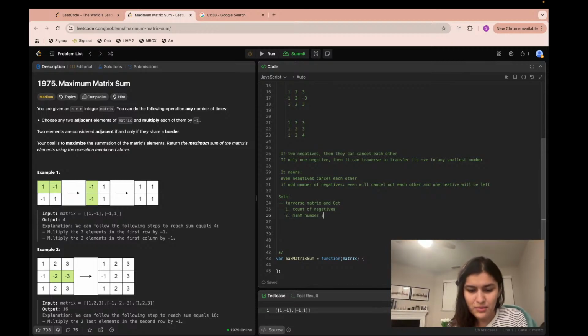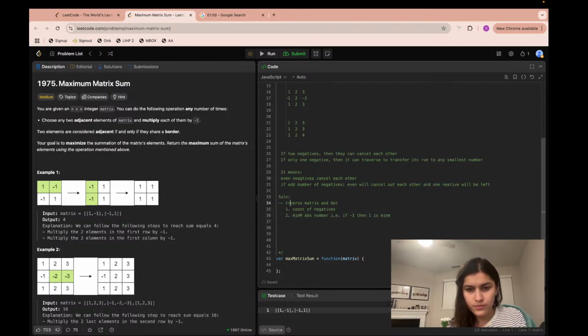I mean, even if it is -1, then one is the minimum, you know. It's okay if it is negative.